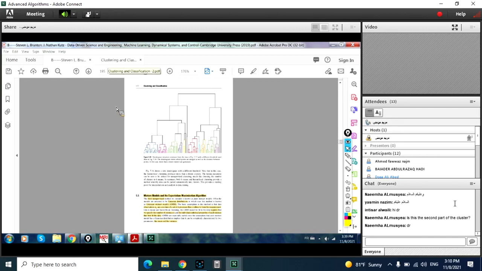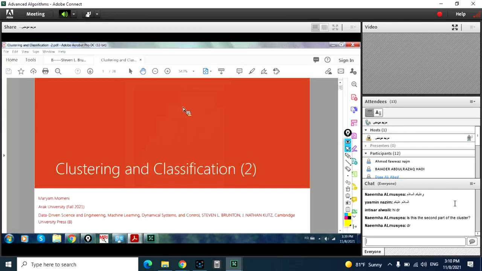Gaussian mixture model and expectation maximization algorithm.